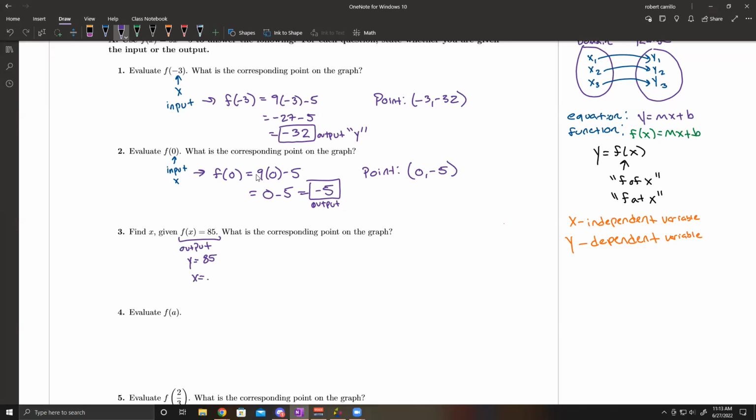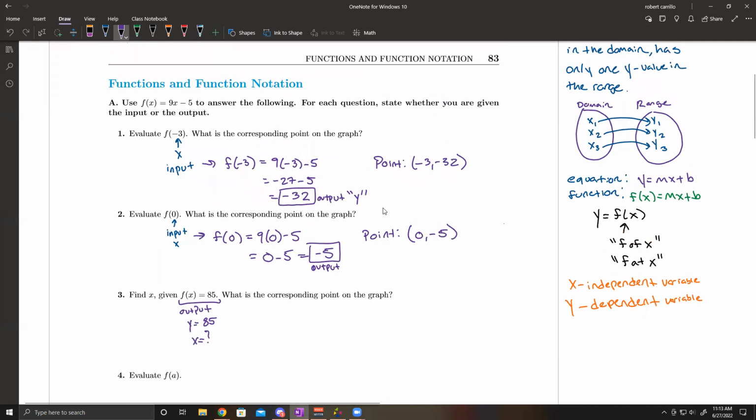So what is x? So using the same function above again, what we're going to do now is take 85 and plug it in for f of x. It's going to replace f of x, not x, f of x. So now when we replace it, we will get 85 equals 9x minus 5.